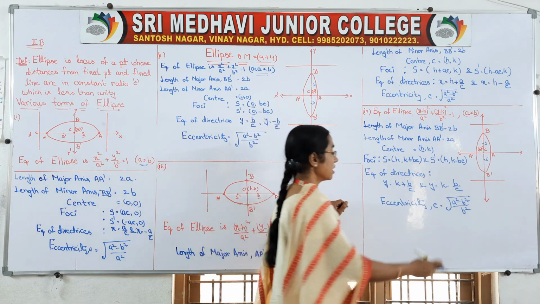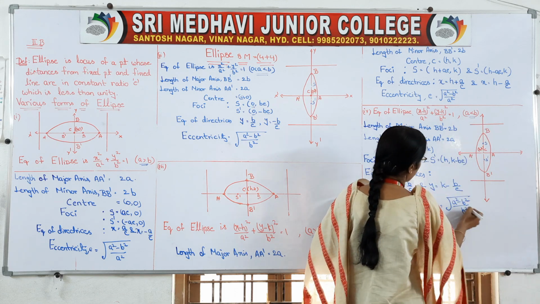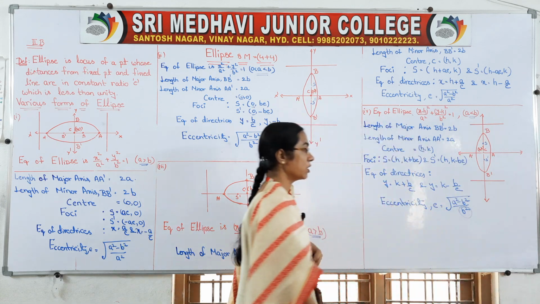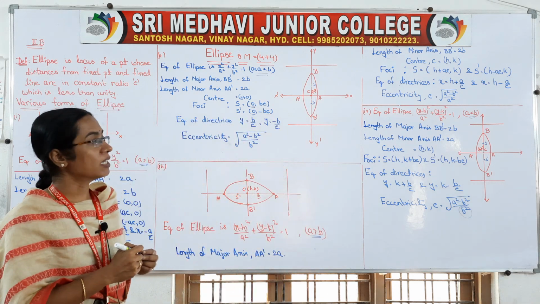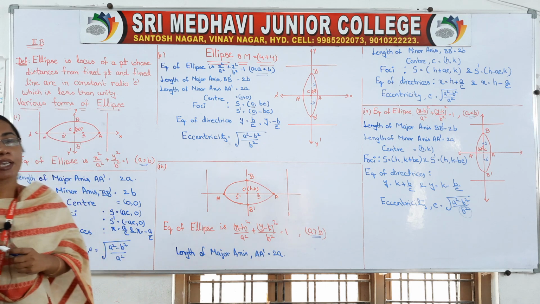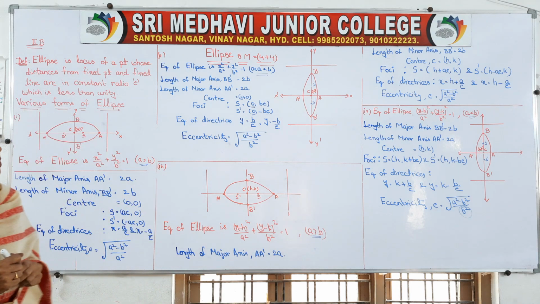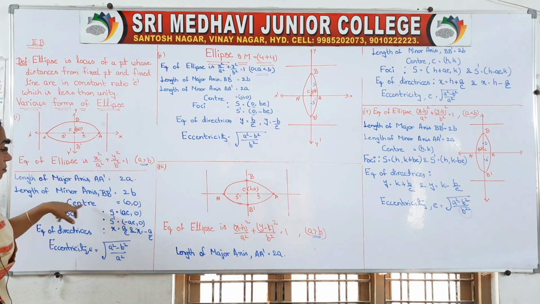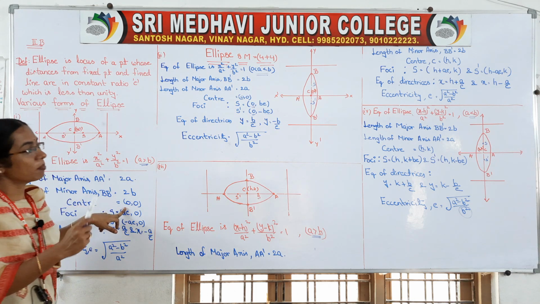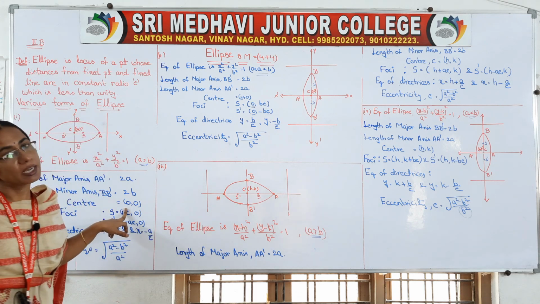And eccentricity e, I said whenever a is less than b, is root of a square minus b square by b square. These are the 4 cases of your ellipse, so you have to learn them by heart. The first 2 forms have center (0, 0), the next 2 forms have center (h, k).